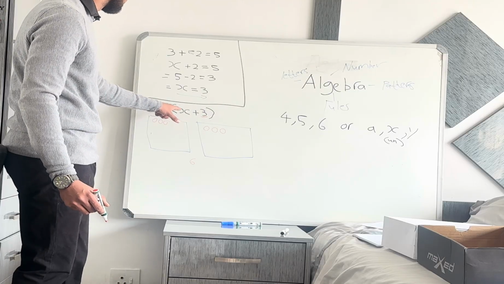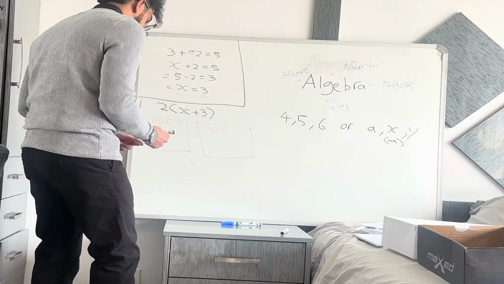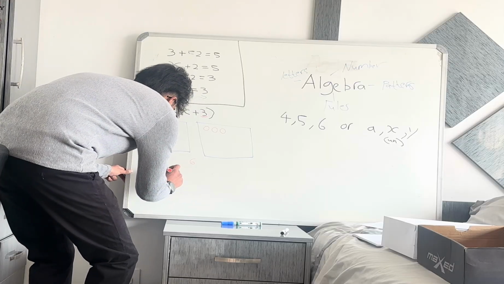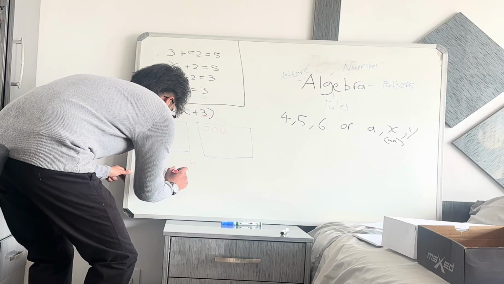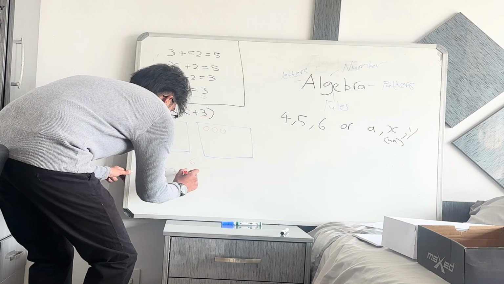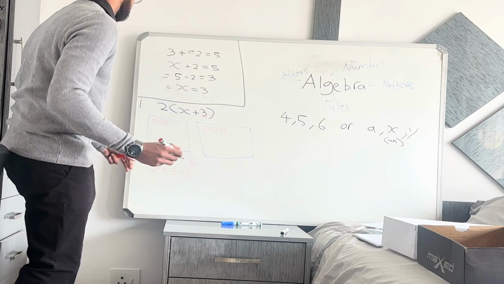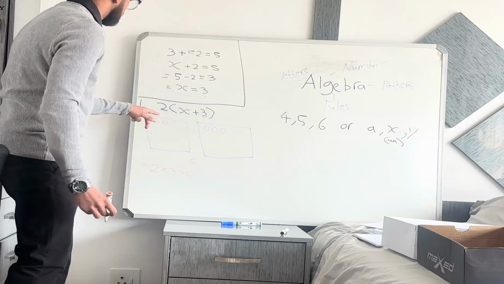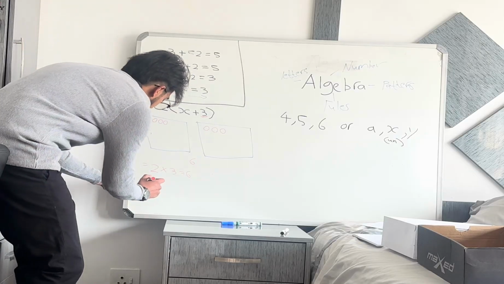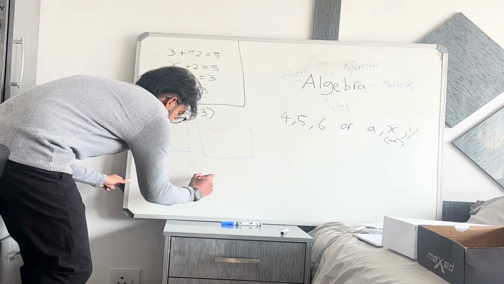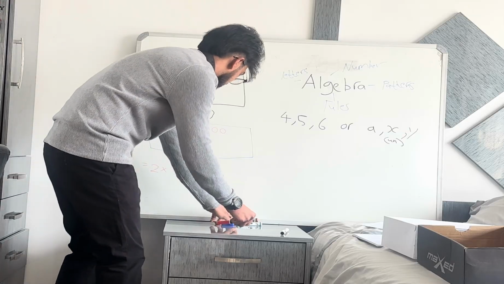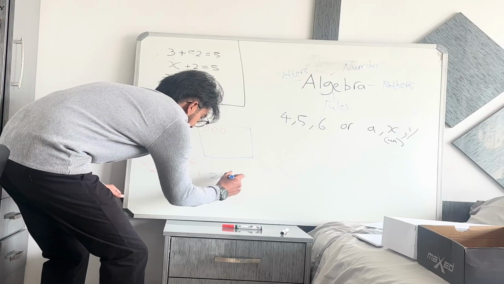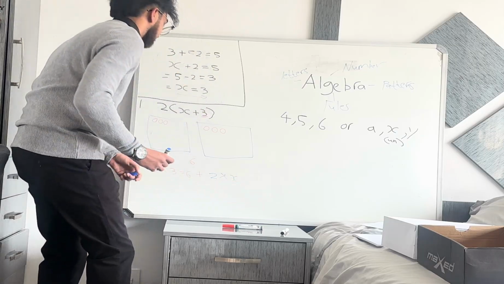2 times 3 equals 6. And then 2 plus, let's switch colors, so it'll be 2 times x.